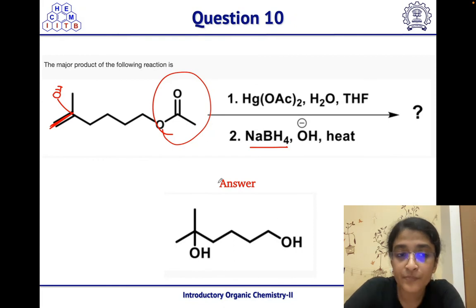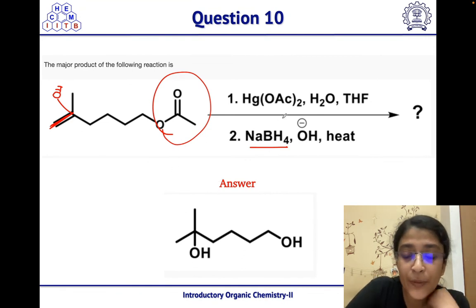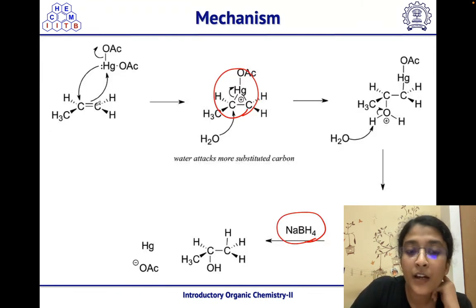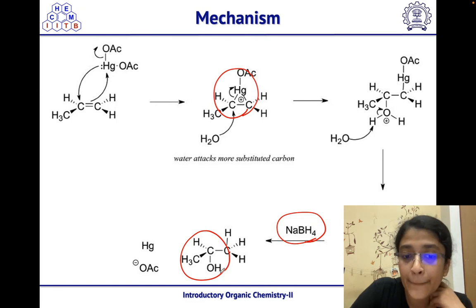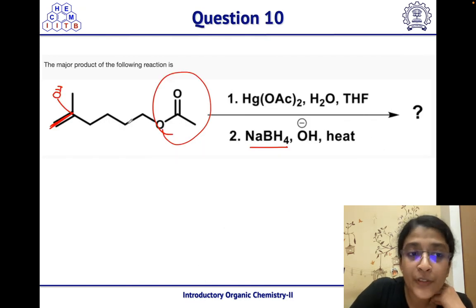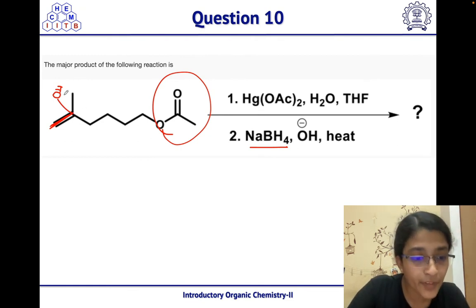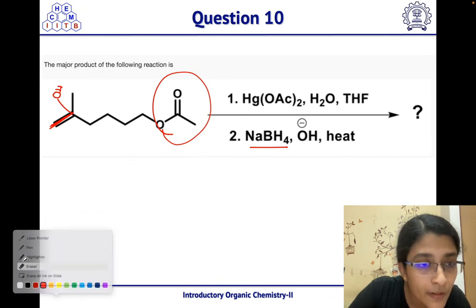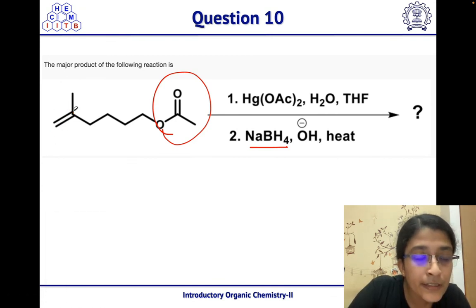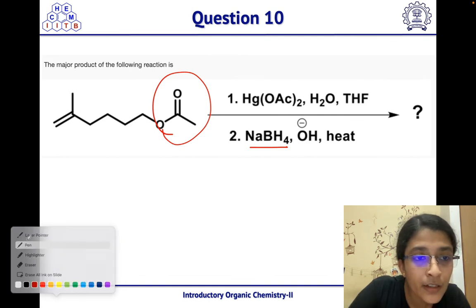Once again, ma'am. First oxymercuration reduction, as we have seen here, this is the mechanism for oxymercuration reduction. So here, as we can see, alcohol will form on the more substituted carbon. So coming back to our question, this is the more substituted carbon, right?